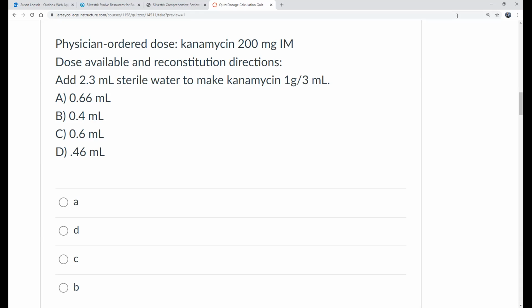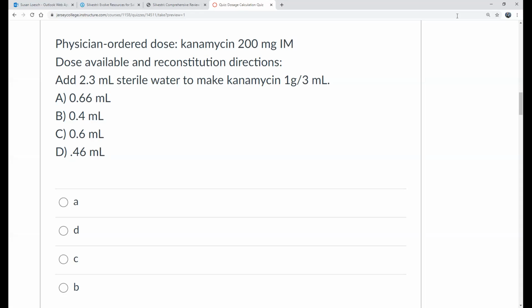All right, so what'd you guys do? How'd you solve this? I did 200 divided by 1,000. And that's 0.2. 0.2 divided by 1 times 3, which gave me 0.6.